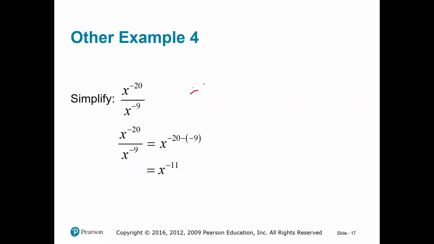Negative 20 minus negative 9. So these two now become a positive, and so negative 20 plus 9.